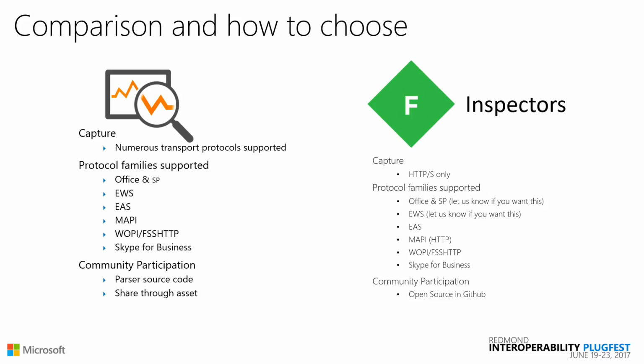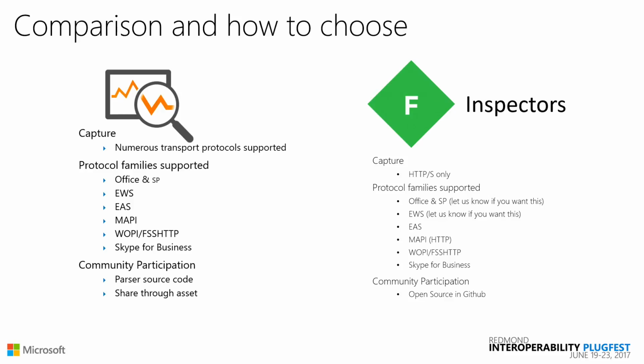And for Fiddler, as we mentioned, the capture file is HTTP/HTTPS only. So we only develop protocol inspectors based on HTTP or HTTPS. Now we have MIP and WOPI FSSHTTP packages for the Fiddler Inspector, which belong to the Office family.